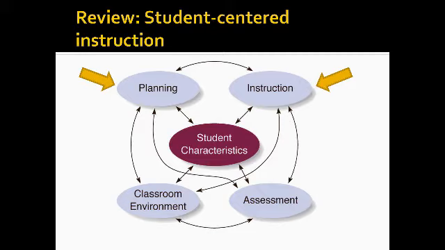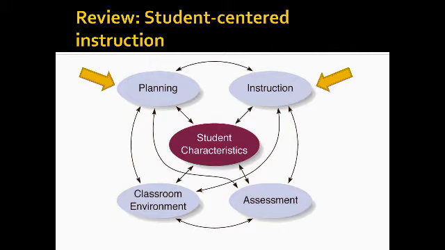So you'll see that the arrows indicate in this slide what we've done so far. We've talked a lot about what motivates students, what different levels of cognitive or social development they might be in, and how that might influence their learning. And we've also talked about that centerpiece a little bit, about the characteristics of students.